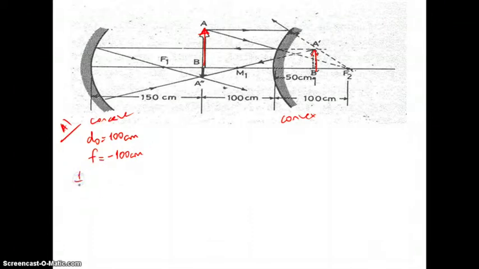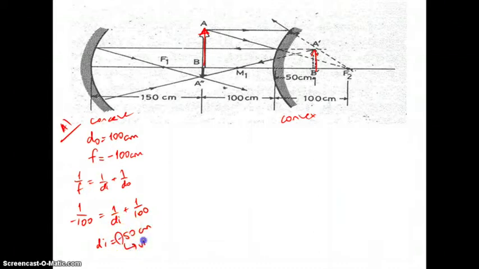Okay, by using the 1 over f equals 1 over di plus 1 over do formula again, 1 over negative 100 equals 1 over di plus 1 over 100. The di is negative 50 centimeters. This negative sign again indicates the image is virtual, behind the mirror, and it's upright, as you see. Image A prime acts now as the object for the concave mirror.